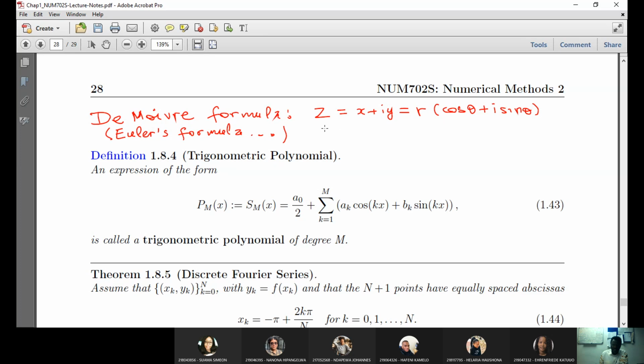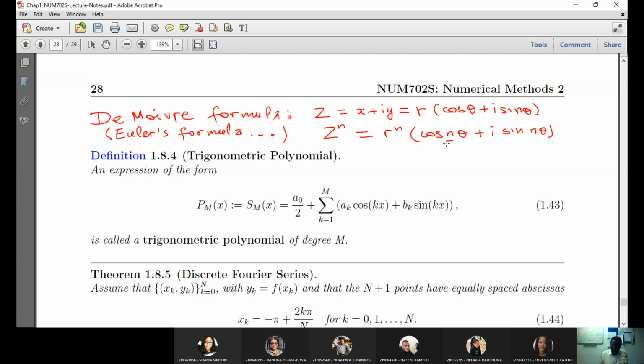Now, if you want to compute z to the n, that is r to the n times cosine n theta plus i sine n theta. If you take the radius to be 1, your z to the n will be a combination of cosine n theta and sine n theta.